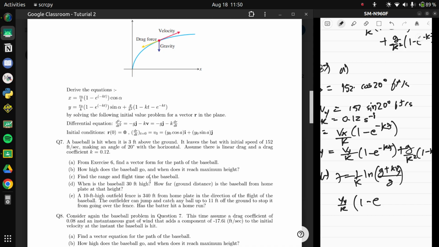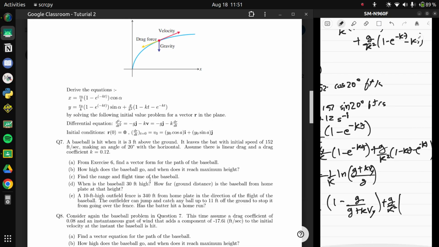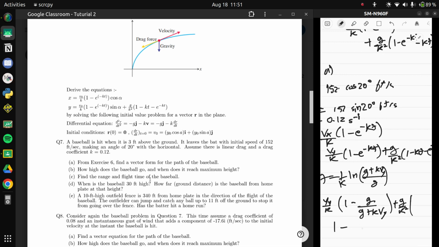So just natural log of g upon all that, and e power that, so just g upon all that. So this quantity just happens to be g upon g plus k Vy plus g upon k square minus k times of this. So that will be like 1 minus this stuff, and then minus kt, so minus k times of this quantity.